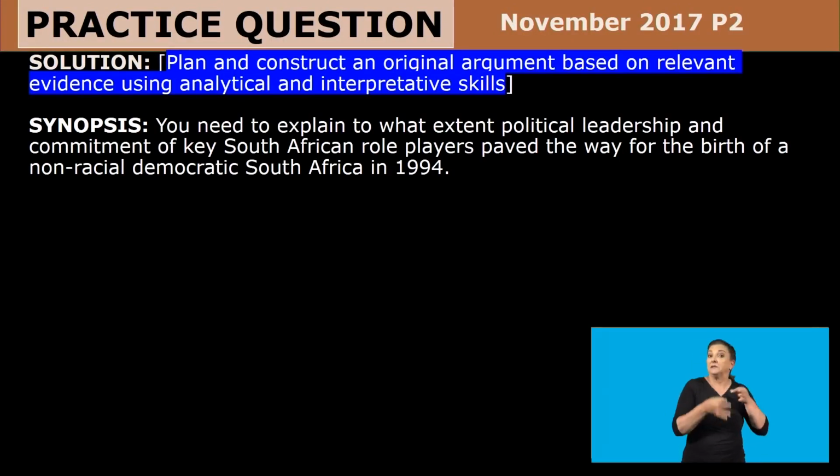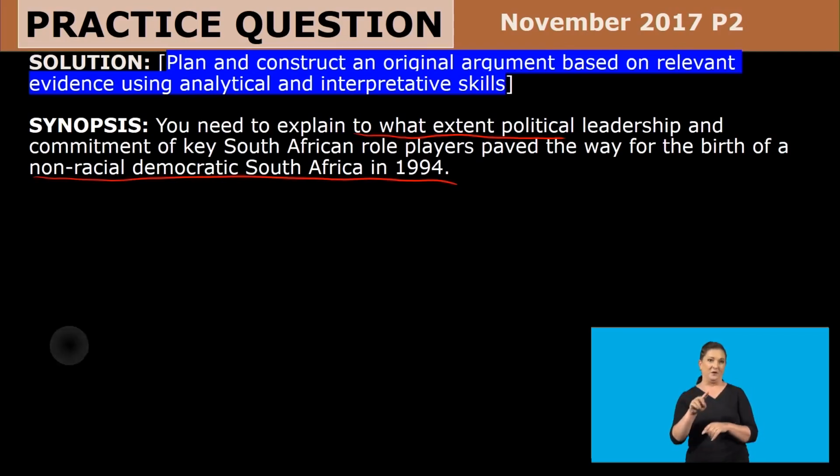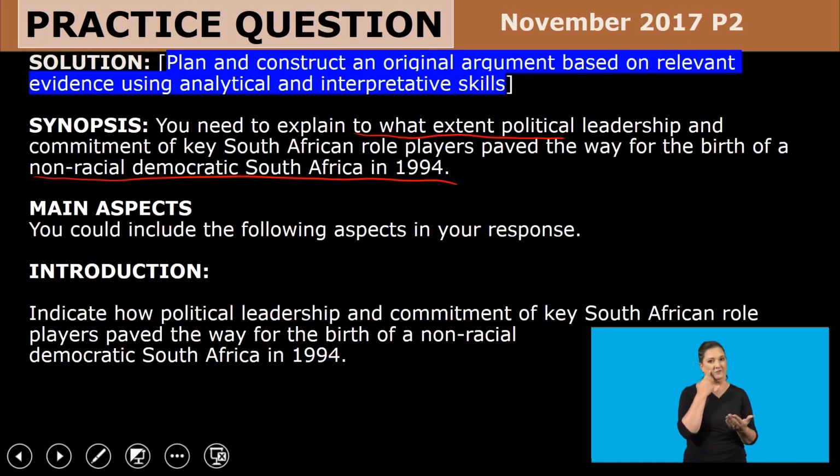So you need to explain to what extent political leadership and commitment by key South African role players paved the way for the birth of a non-racial democratic South Africa. Remember to use relevant evidence to support that.